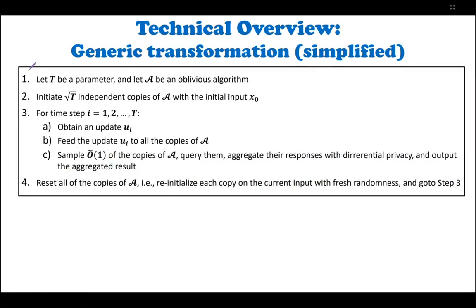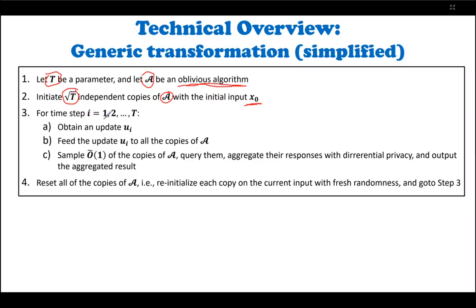Okay, so here is a simplified statement of our generic transformation. Let T be any parameter, and let A be a dynamic algorithm that works in the oblivious setting. We begin by initializing root T independent copies of algorithm A, each with its own independent randomness, and each initialized with the initial input x0.